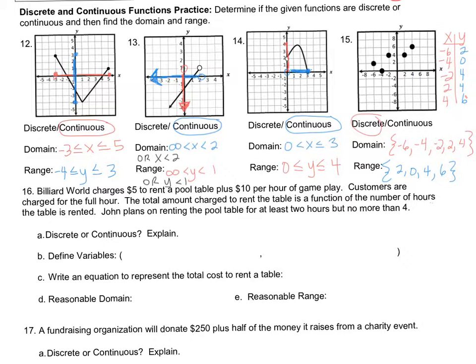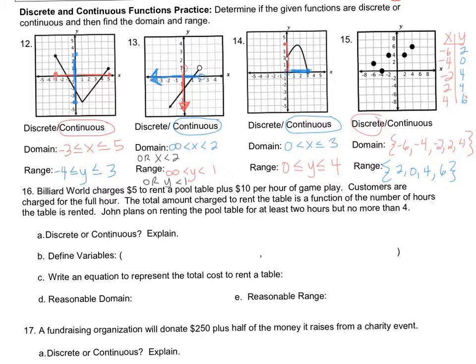Okay, on number 12, the range was the more difficult one, just making sure you started at the very bottom of the function and went all the way to the very top of the function, which happened on this one to be the top endpoint. On number 13, you got a little bit of practice with infinity and rewriting them as just less than a number or greater than a number.